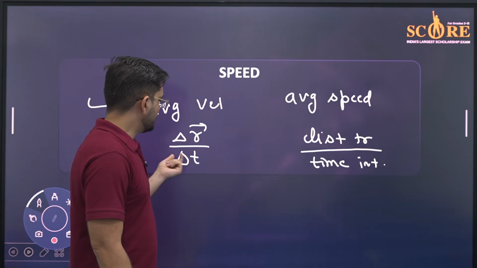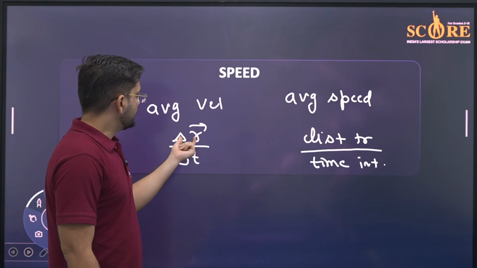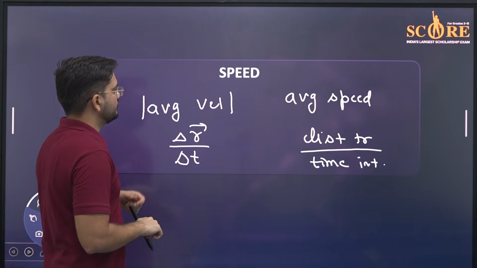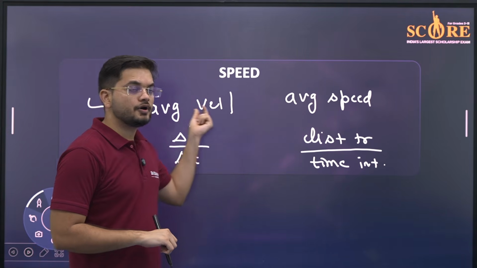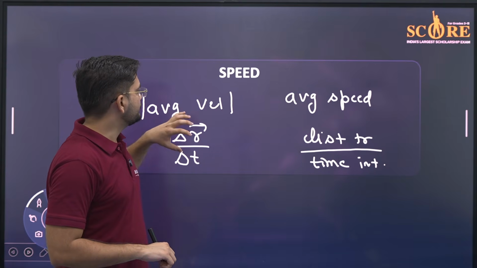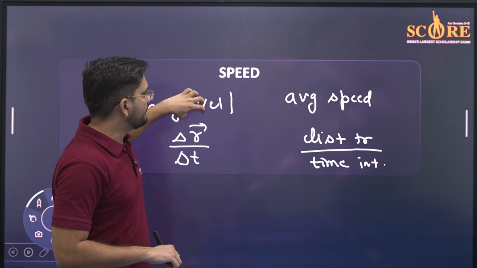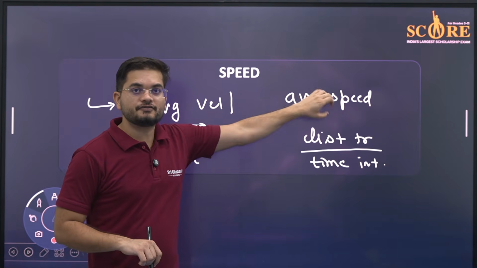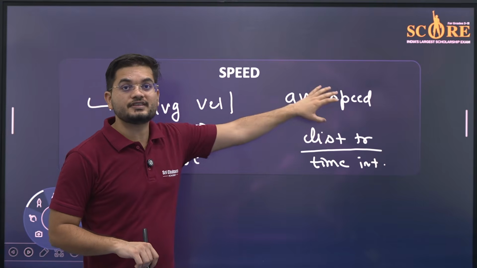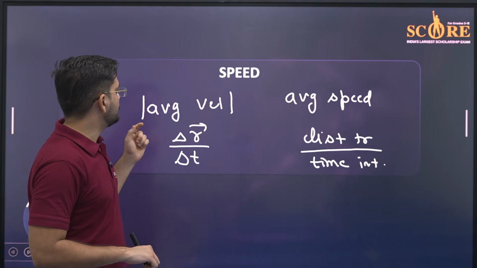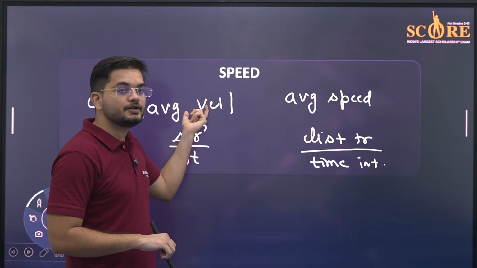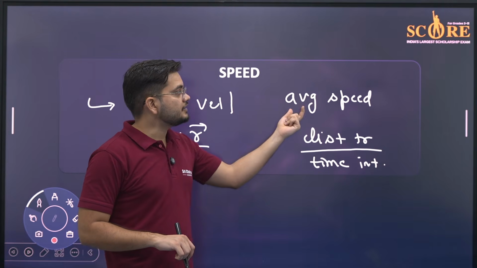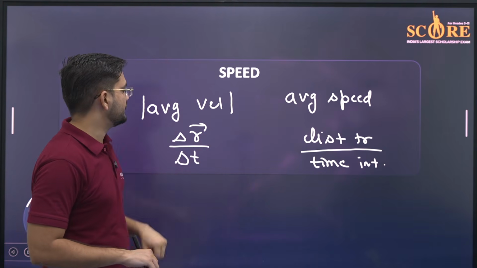Time interval is the same. For displacement, we can use the mod of average velocity, because we cannot compare a vector with a scalar quantity. We can compare vector with vector, and scalar with scalar. Got it? So I took the magnitude. So for the magnitude of average velocity and average speed, we have to see the comparison.